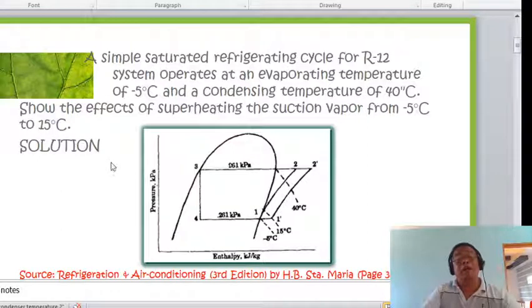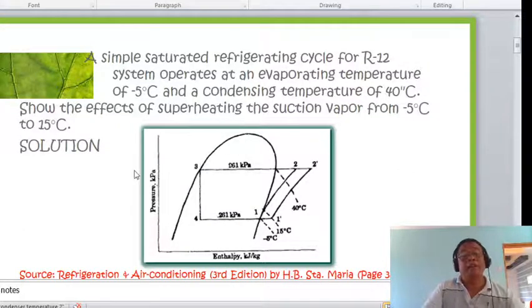Unlike the original, the state point 1 is saturated, but 1 prime is now superheated. Take note, class, that the enthalpy or the entropy of 1 and 1 prime are different, because this line is different. This 1 to 2 and 1 prime to 2 prime are different.